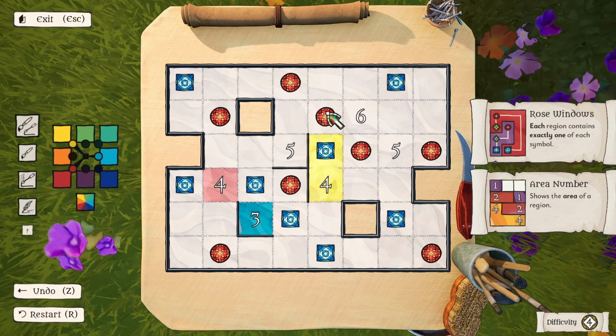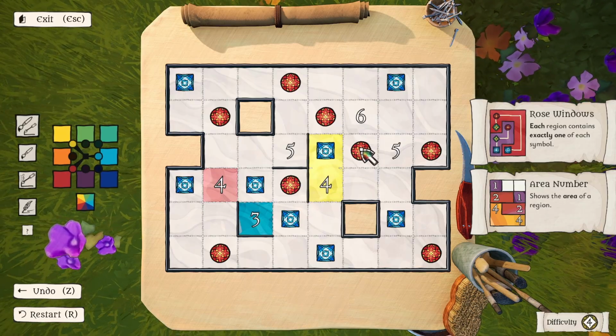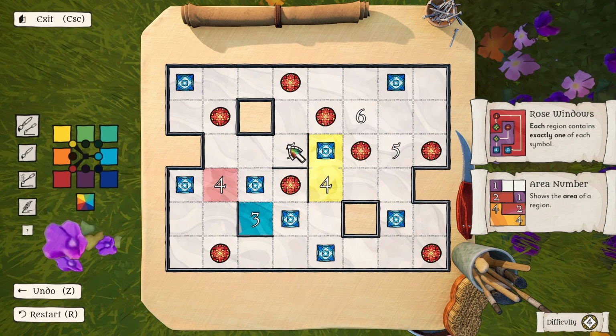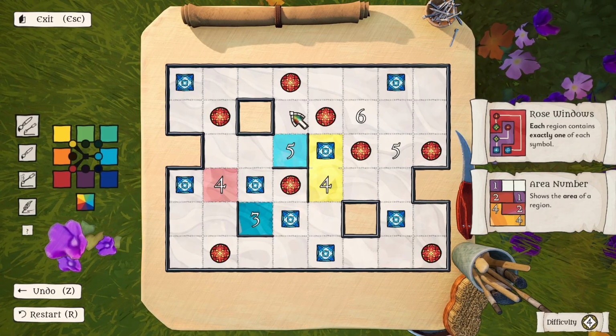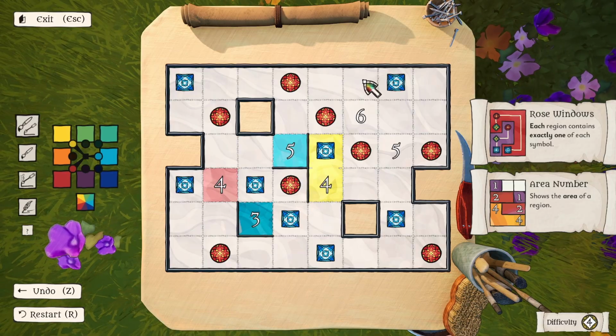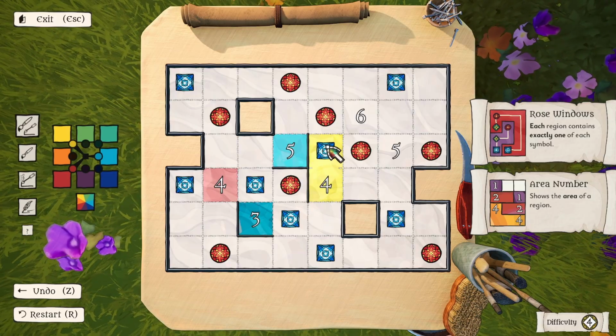Now, it's going to take that or that. I don't know which. This... Ooh. That needs a square. And 1, 2, 3, 4, 5. 1, 2, 3, 4, 5. And it can't have that one.